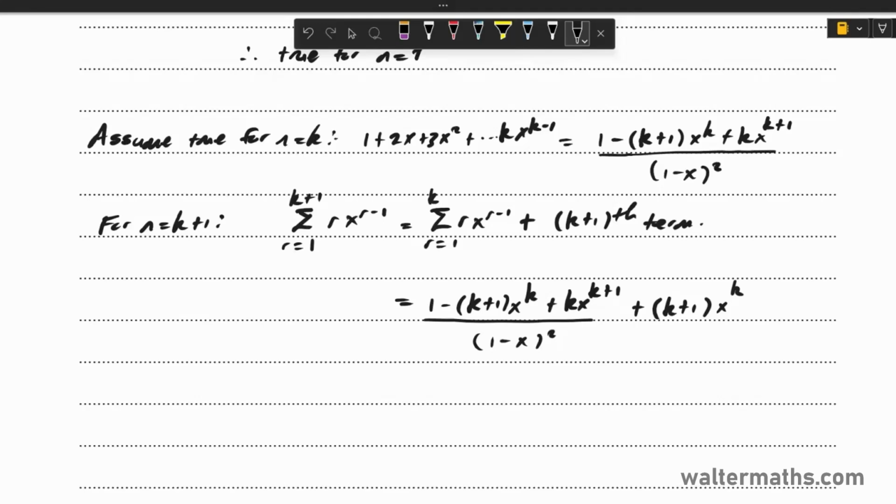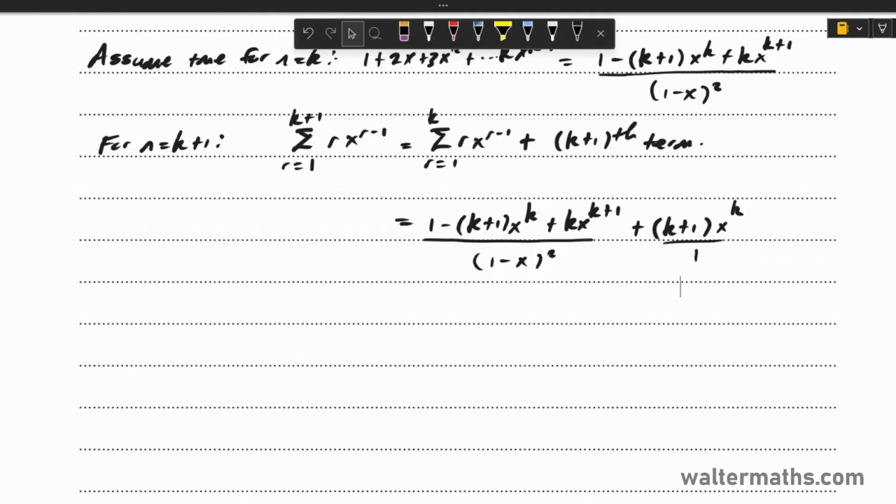Now I'm going to say this is all over 1 so that I can combine these two things. The common denominator is 1 minus x all squared, and I'll cross multiply.